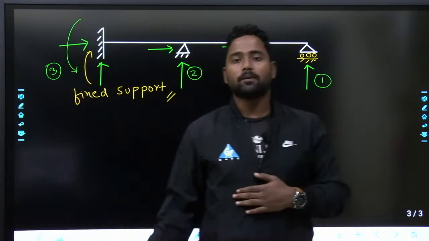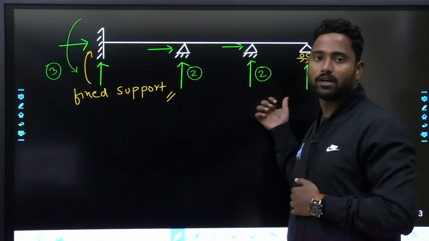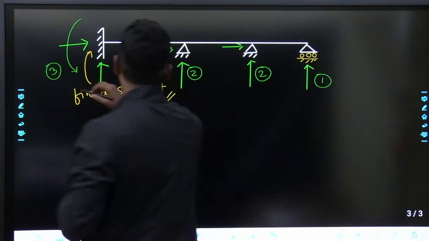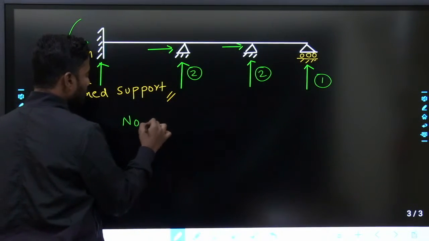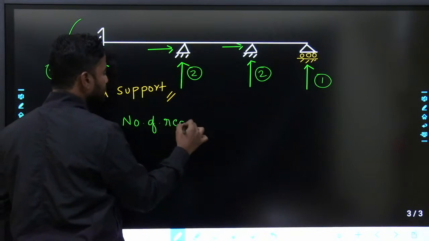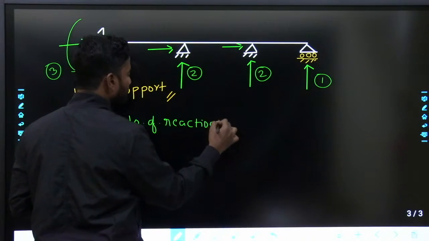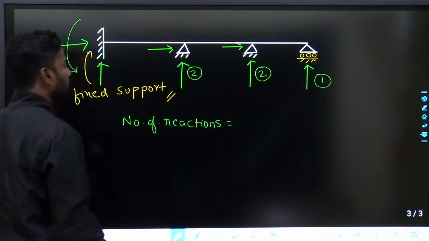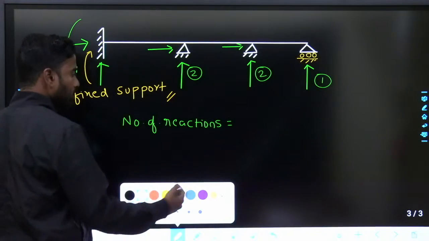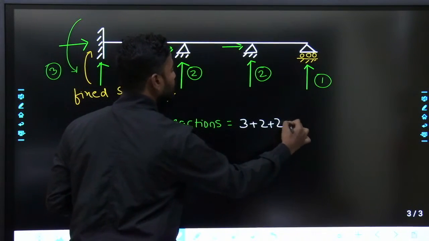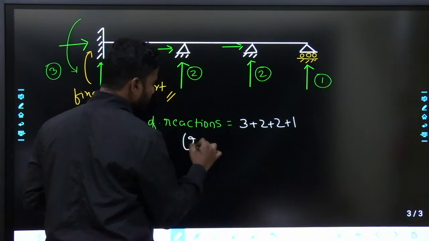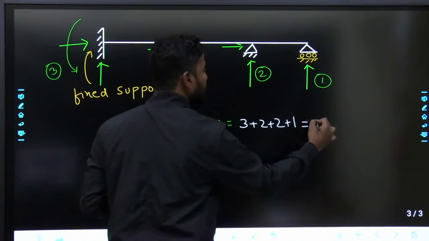So the total number of reactions is 3 plus 2 is 5, plus 2 is 7, plus 1 is 8. Reactions I will denote by R, that is equal to 8.